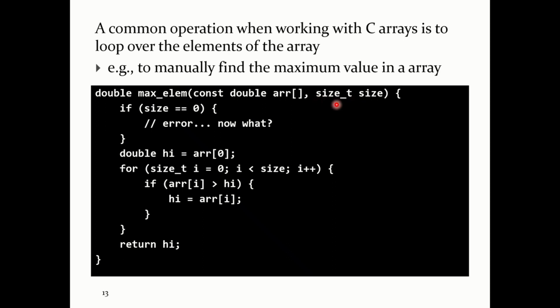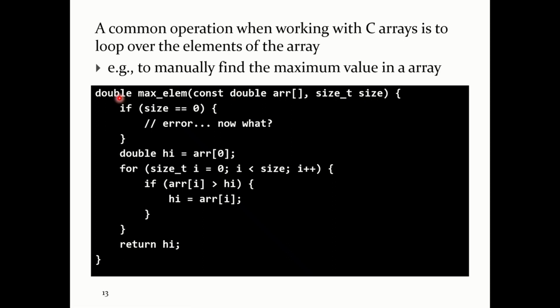If you haven't seen the type size_t, that's the standard C type for indicating things like indexes. It's just some sort of unsigned int, so it's always guaranteed to be 0 or bigger.